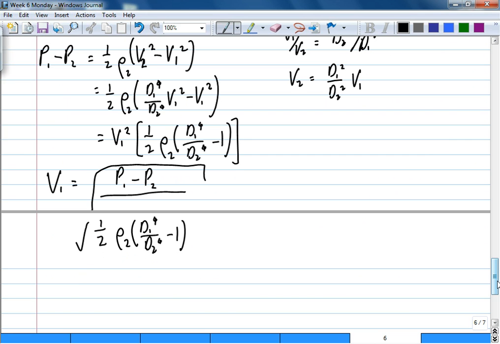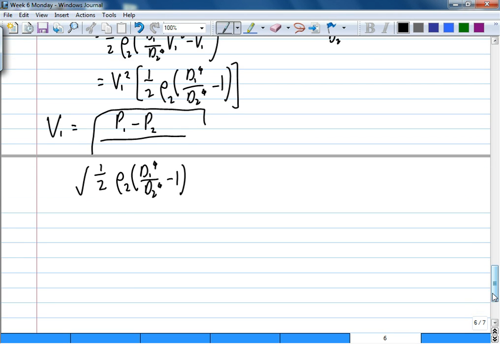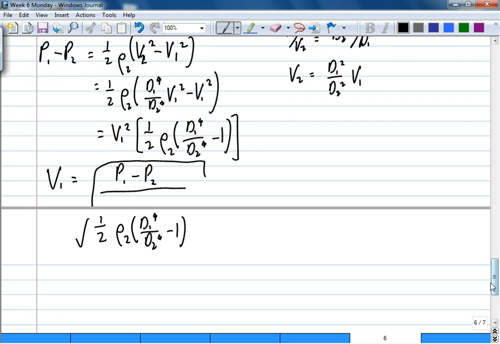Alright? So if we measure the pressure P1 minus P2, we can get out what V1 is. And if you want V2, you can just multiply this whole thing with D1 over D2, but normally it's not needed.